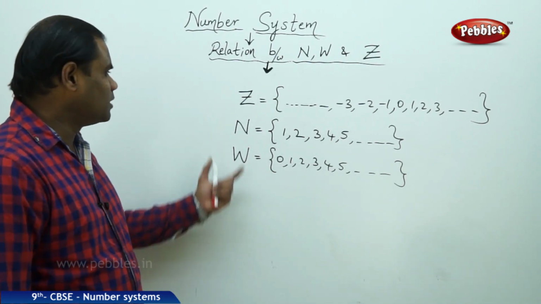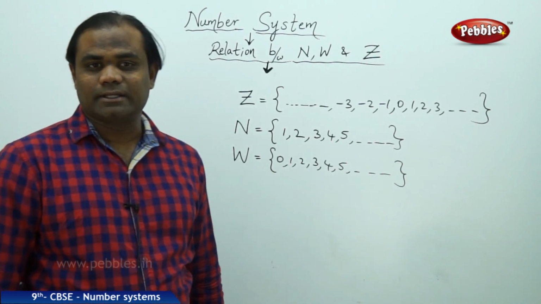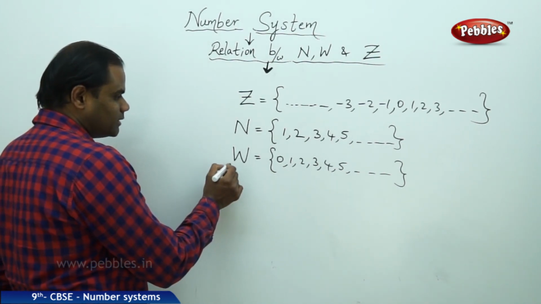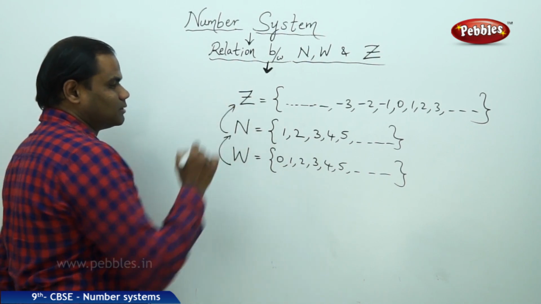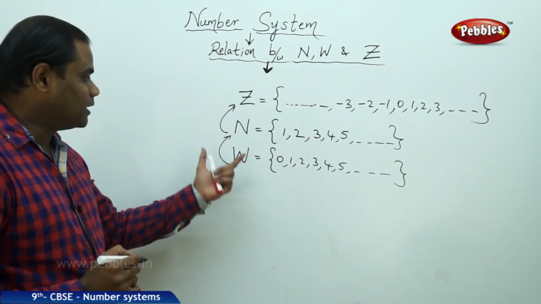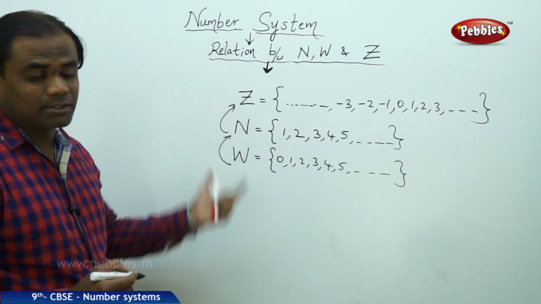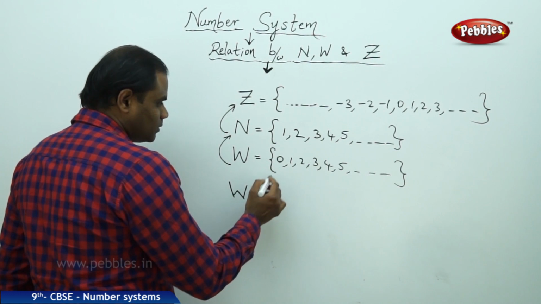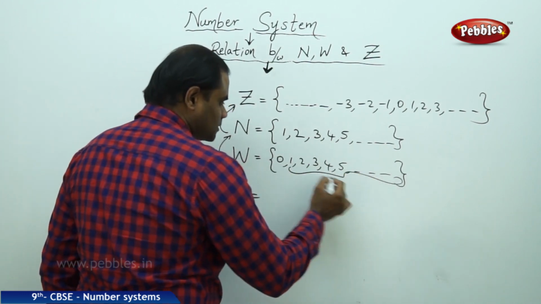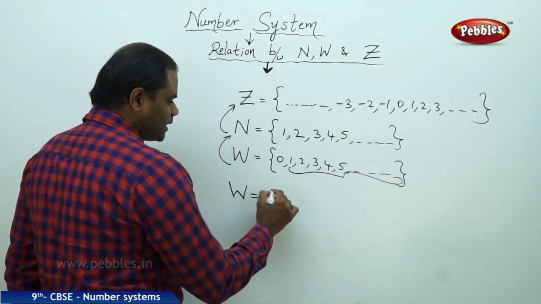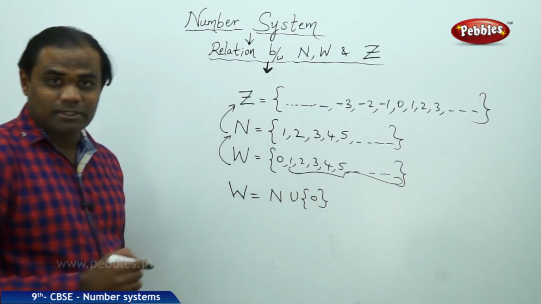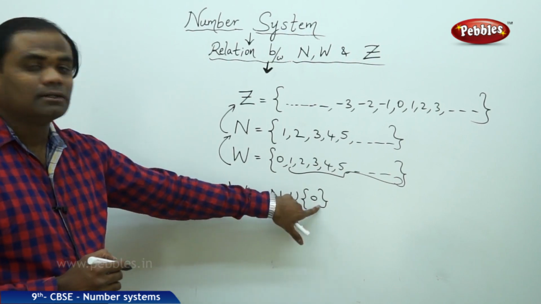Now let's see what the relation is between Z, N and W. Let's start from W, then N, then Z, and make a relation between W, N and Z. I clearly see that W is all natural numbers including 0. So I can write this as N union the singleton element 0.